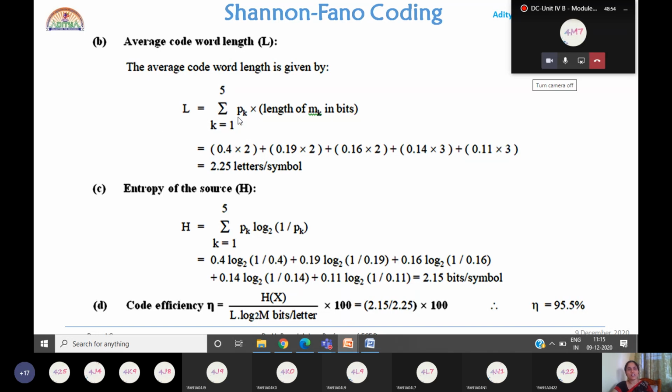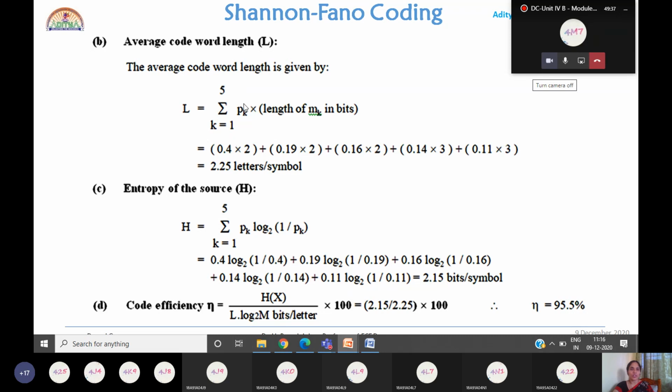It is the average, the sum of the products of the probability and the length of the particular message, and all 5 values you need to consider. In terms of an equation, you can represent it as summation k equal to 1 to 5 of p_k, the probability of the kth message or kth symbol, multiplied by the corresponding length of the code word.